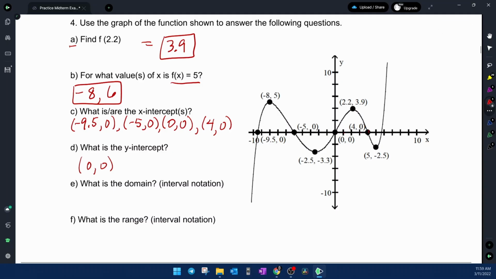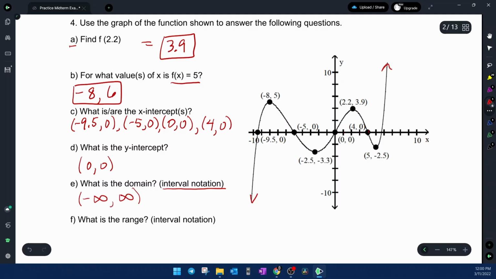What is the domain? Well, this graph appears to continue infinitely far in both directions. So we would say that the domain is all real numbers. In interval notation, that would be negative infinity to infinity. The range also appears to go up forever and down forever.